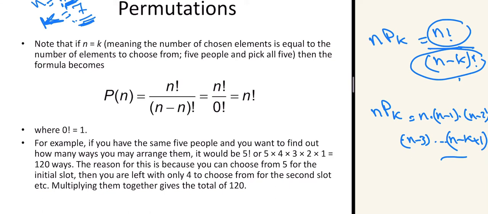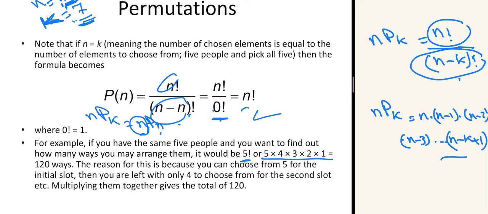So nPk will equal nPn. So n minus n here will be 0. 0 factorial equals 1, so we get n factorial. Okay, so this is the case where we are selecting all the items. For example, you have 5 and you are selecting the whole 5. But it's not every time that we are selecting all the items that it has to give us n factorial.